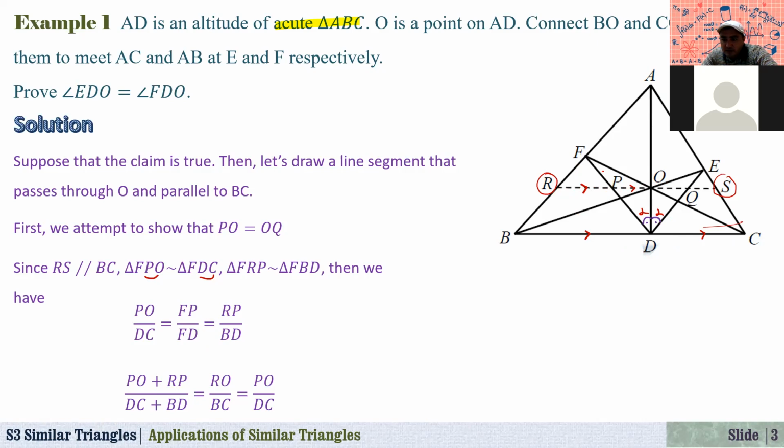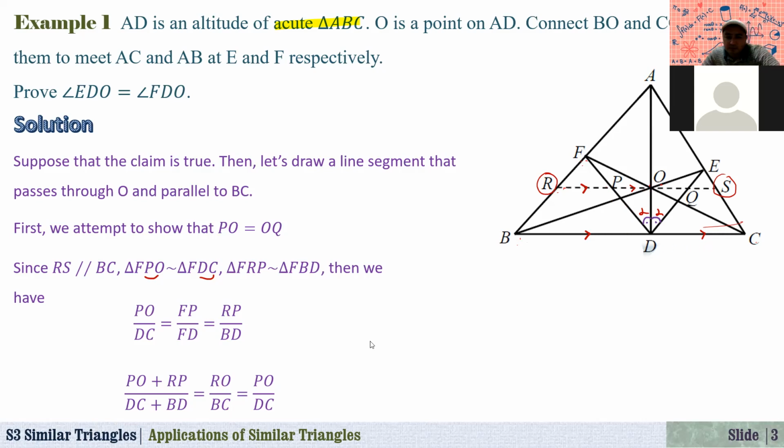In triangle FRO similar to FBC, RO over BC is equal to FR over FP, or FP over FD. That's equal to RO over BC, and also equal to PO over DC.